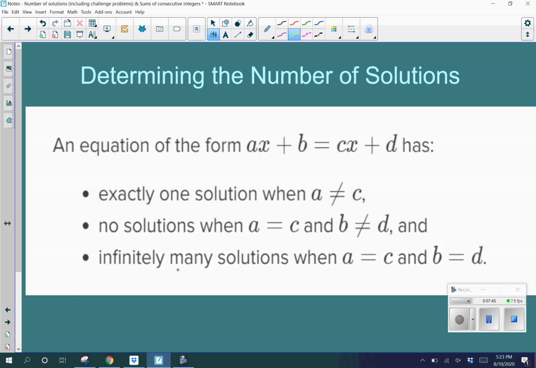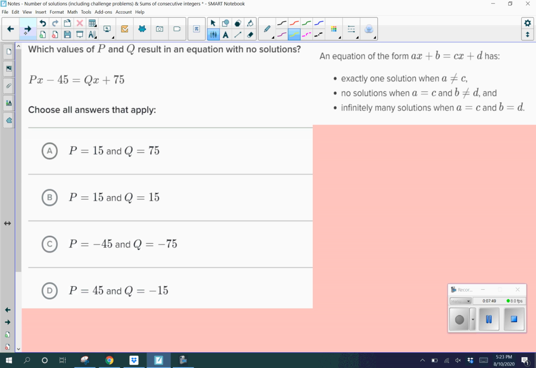So that's a lot to kind of wrap your head around. So what I've done is I've copied that little cheat sheet onto each one of these. So let's do some problems so you can kind of see what it means. So obviously in this problem, A is represented by P, and then C is represented by Q. So it says, which values of P and Q result in an equation with no solution?